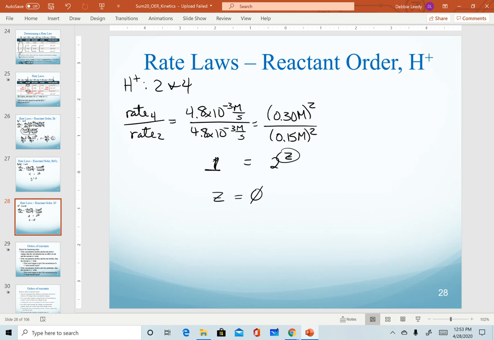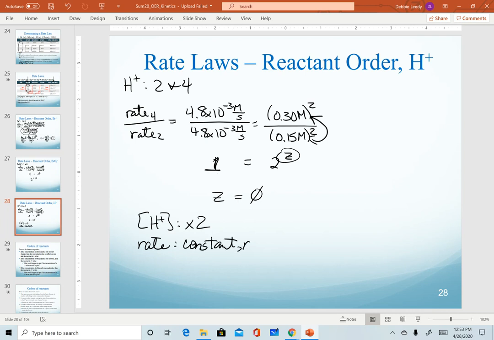So let's think about what that means. Let's talk about what the orders mean. Realize here that we doubled our concentration of hydrogen, right? Between trials 2 and 4, our concentration doubled, went from 0.15 to 0.3. But our rate stayed the same.